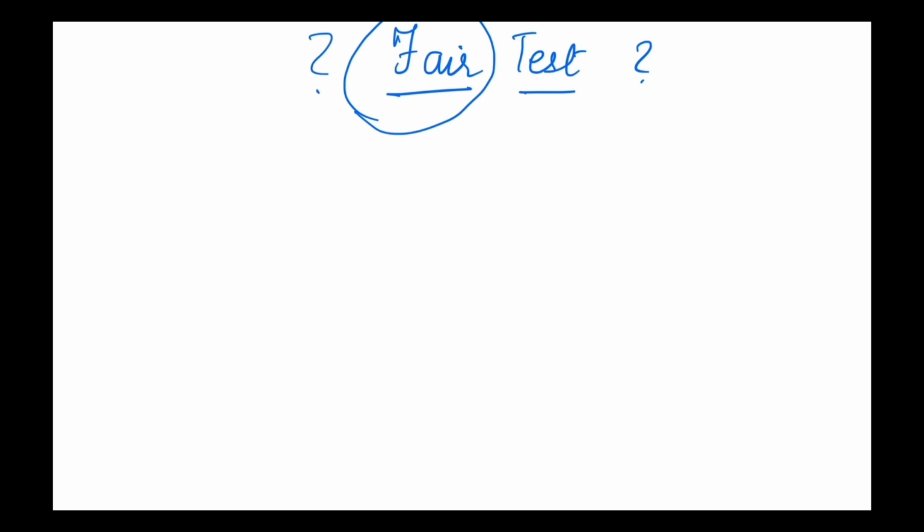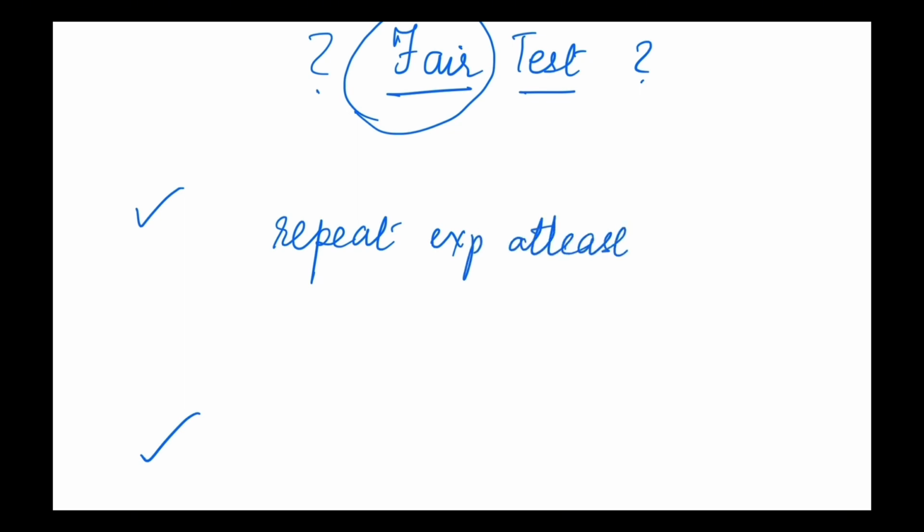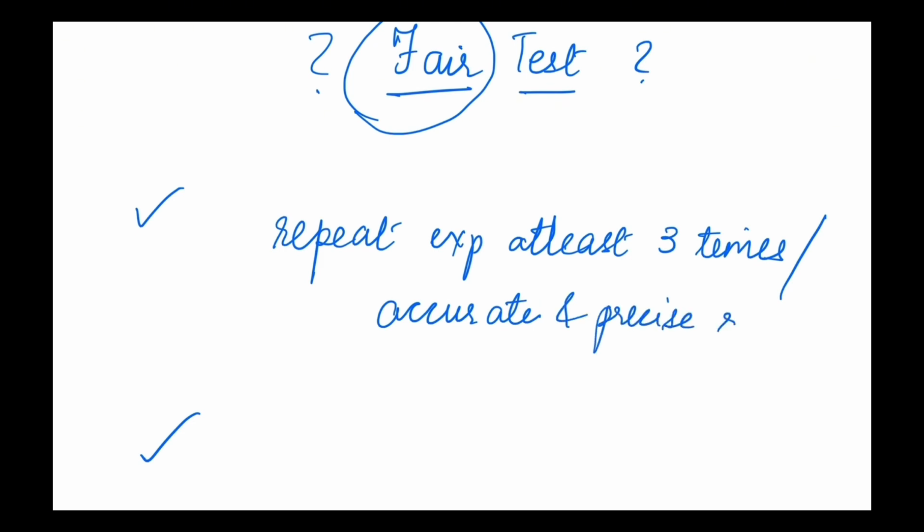So an experiment to be considered as a fair experiment or a fair test, there are two conditions which must be taken care of. Number one, we should always repeat the experiment at least 3 times so that we get accurate and precise results. And at least 2 readings should be nearby, close to each other or same. Then it's called a fair test.